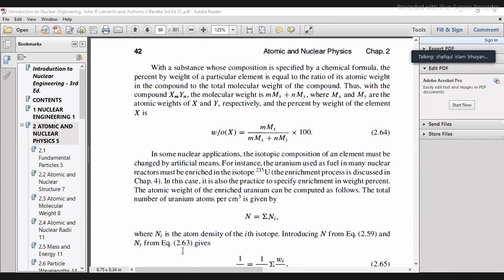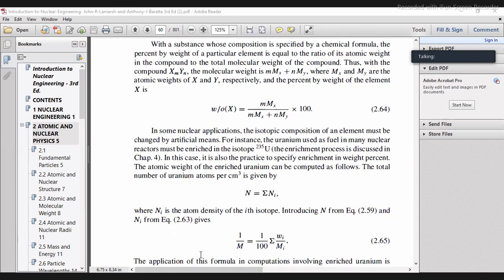We all know it. The percent by weight of a particular element is equal to the ratio of the atomic weight in the compound to the total weight of the compound. Say we have a compound X_m Y_n.